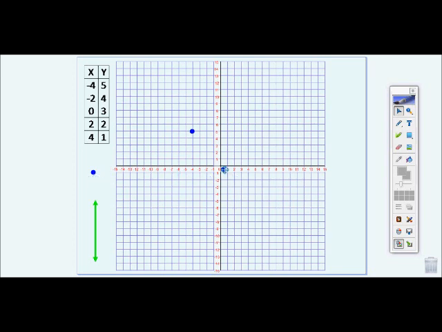Negative 2, again, let's come left from the origin, negative 2, and we're going to go up to 4 this time. 0, 3 is my next point. I'm not going to move at all on the x-axis, but I am going to go up the y-axis to 3. 2, 2, I'm going to move positive 2 and move up 2. And my last one, 4, 1, I'm going to move over 4 and I'm going to move up 1.